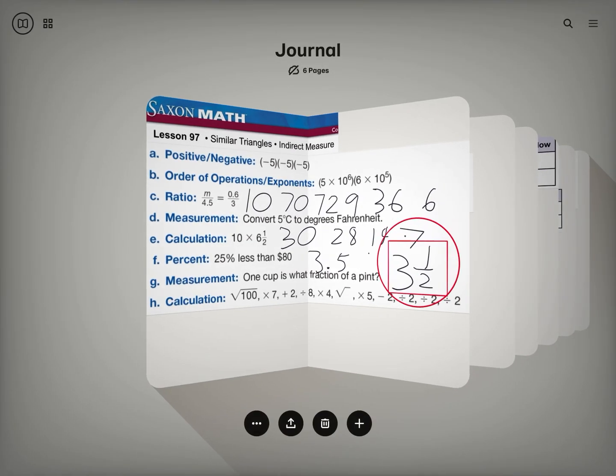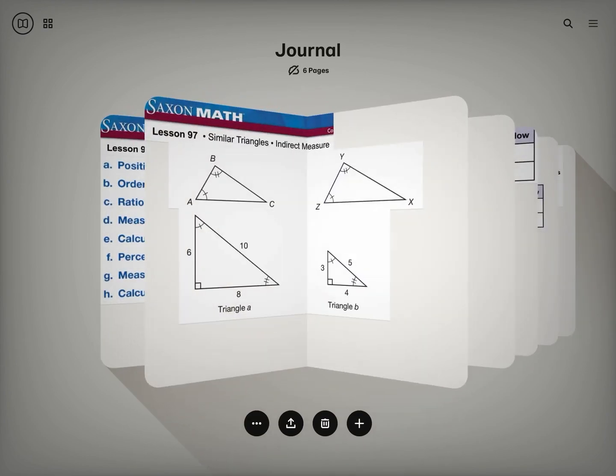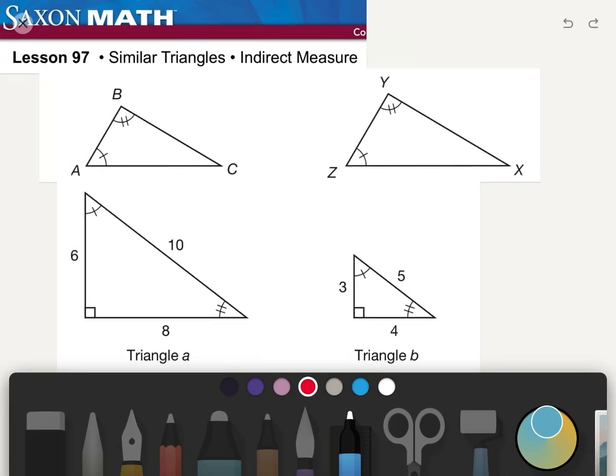Okay. Moving to our lesson 97, similar triangles and indirect measures. So we know that when we use these dash symbols, that means that they are the same angle.